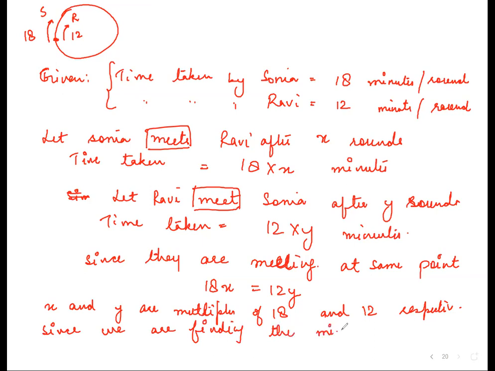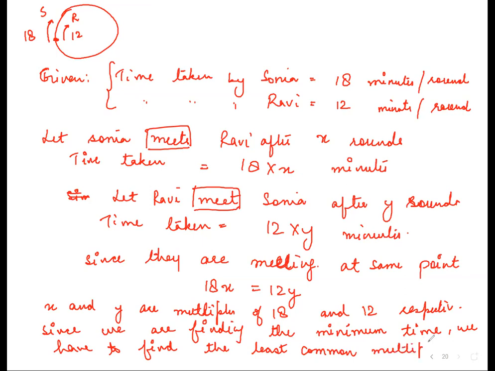Okay, you just note down, Rida. I'll explain the question again, but please note down first of all. Since we are finding the minimum time, we have to find the least common multiple of 18 and 12.